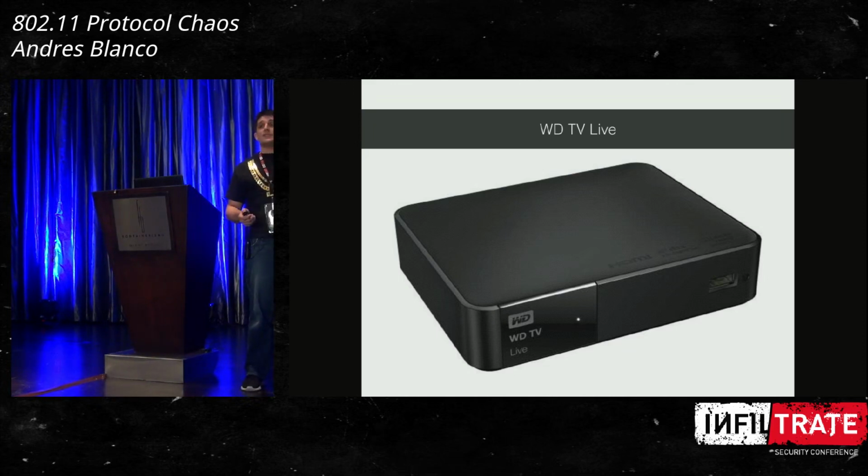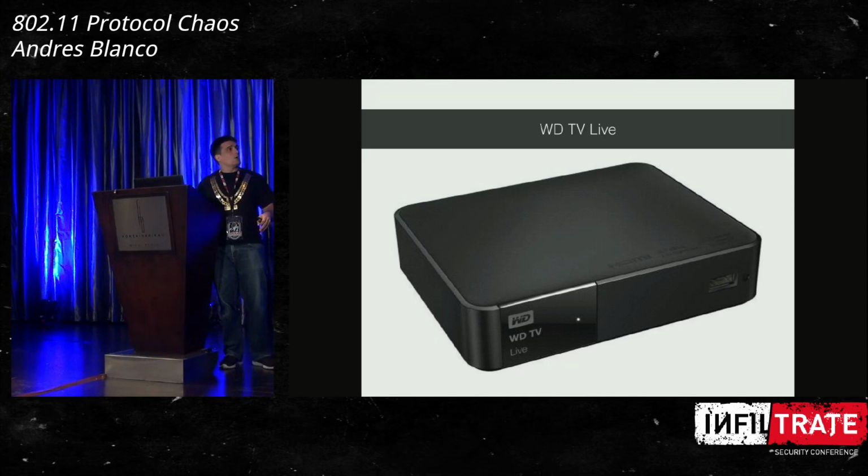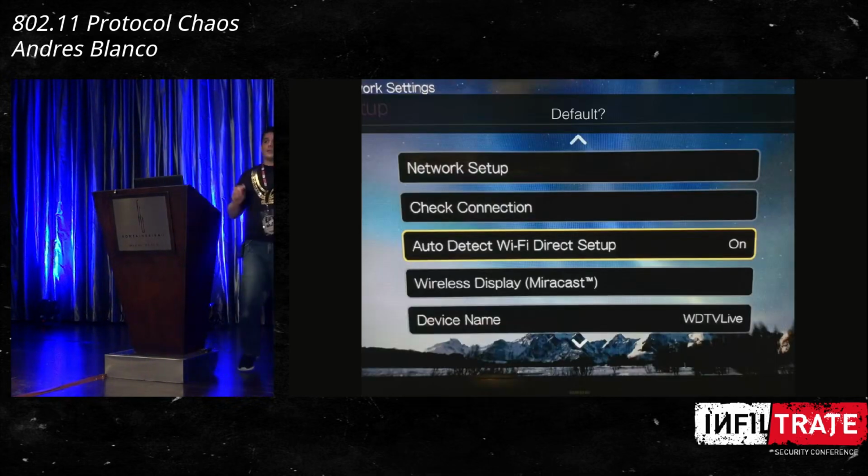So using this device, they could gain access to my network because this device has a bad implementation of the protocol. Again, Wi-Fi Direct is enabled by default: you take it from the box, you plug it in, and at factory default, Wi-Fi Direct is enabled. This device has two ways of connecting to a network. One is Wi-Fi, and the other is an Ethernet plug.